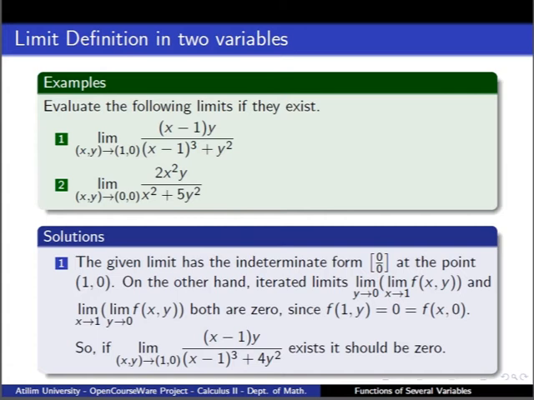That's first we evaluate the limit of f as y goes to 0, and then the outer limit as x goes to 1. But those limits are both 0, since the functions f(1,y) and f(x,0) are the 0 functions. So it tells us that if the limit exists, this limit should take the value 0.